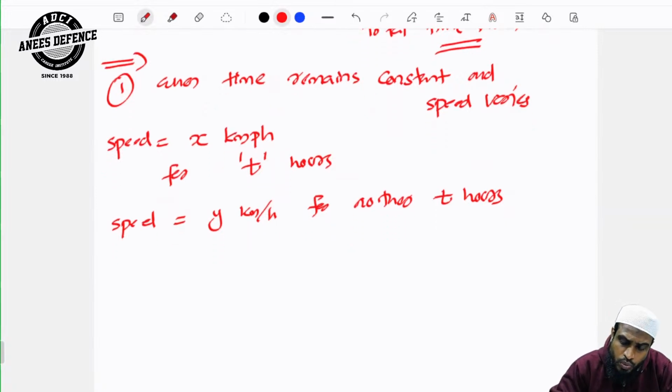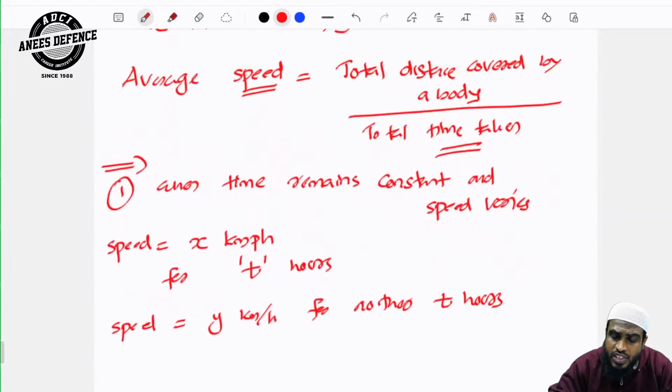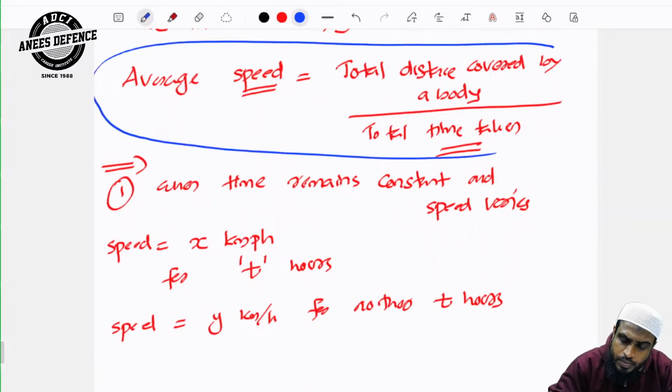Then for the total journey, what is the average speed? Average speed is total distance covered by a body by total time taken. This is the formula for average speed.